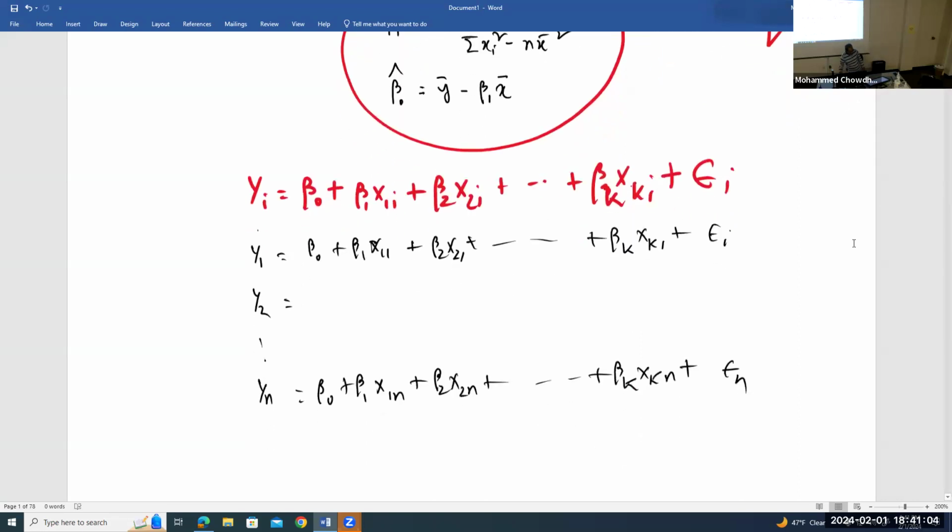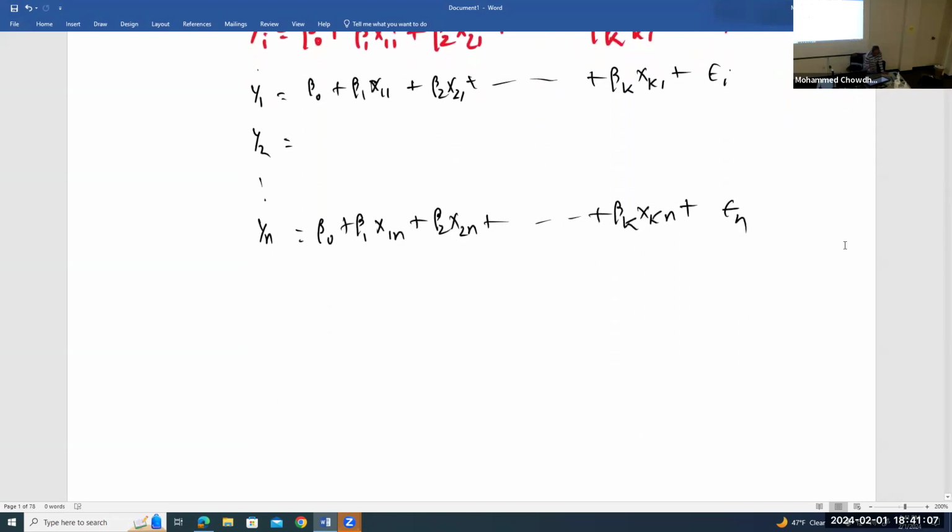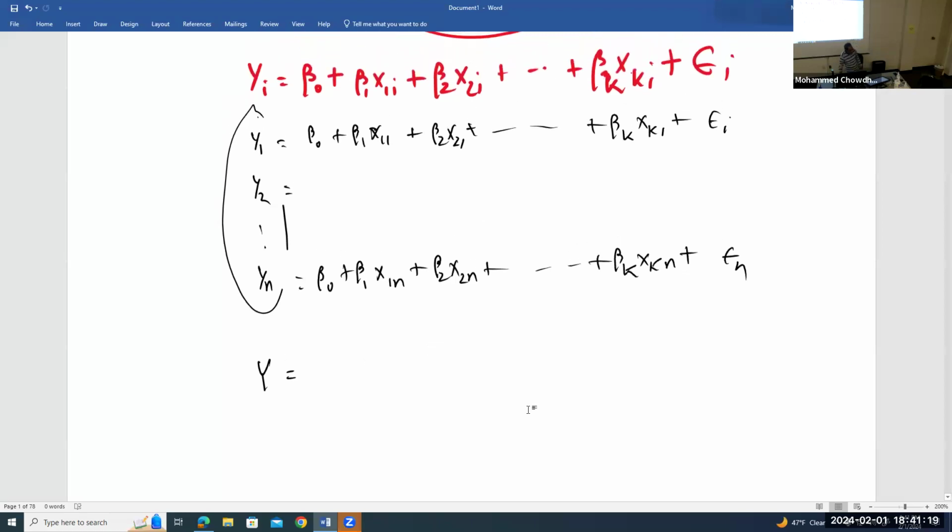Right? So now these things as a column vector, you can write as y. Understand? These things you can write as a column vector y. These x's you can write as a matrix of x.